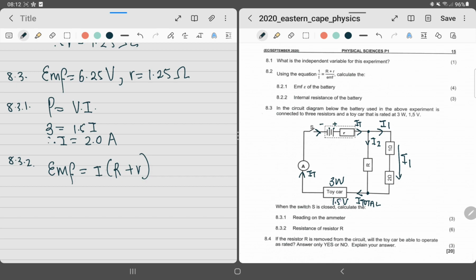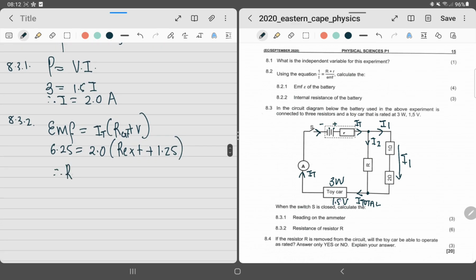So this will be the total current, and then this will be the total external resistance. 6.25 should be equals to 2.0 times R external plus 1.25. Therefore, R external should be equals to, so I am getting 1.875 ohms.